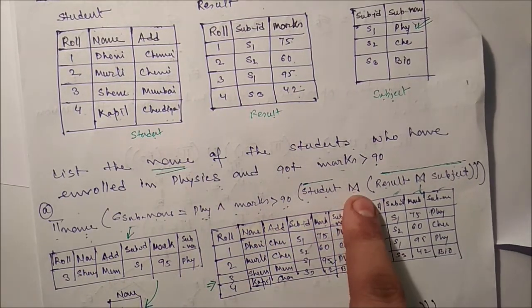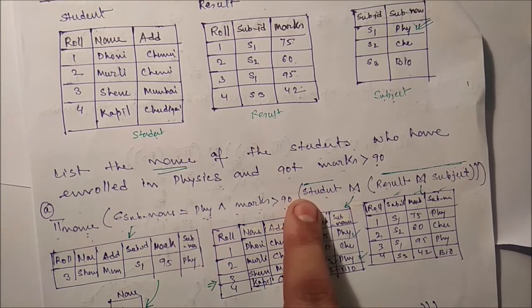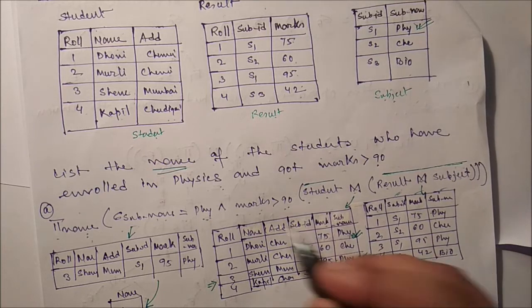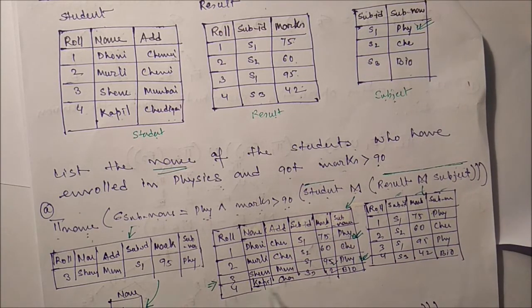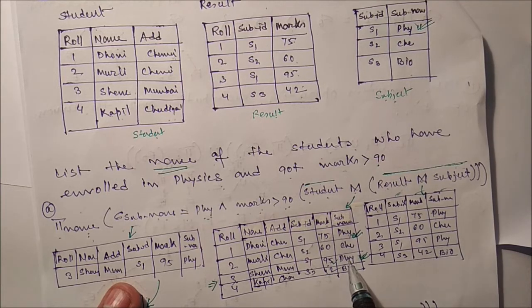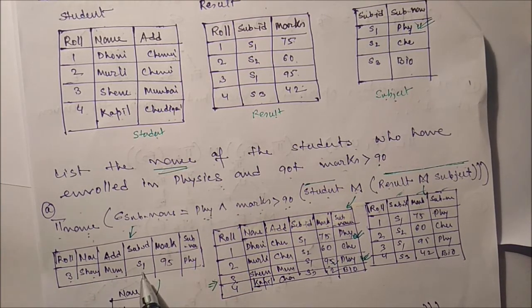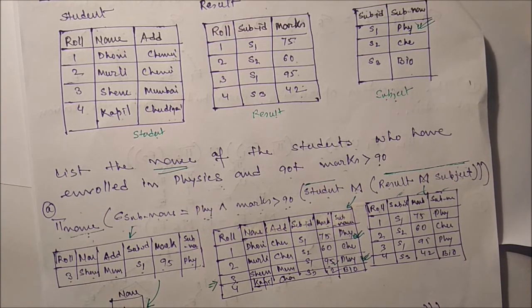After applying this join, we apply the condition: subject name physics, but marks greater than 90. That means we have to retain only this record: 3, Shenwan, Mumbai, S1, 95, physics. But we need only the name, so we extract the name only. So the output is Shenwan.